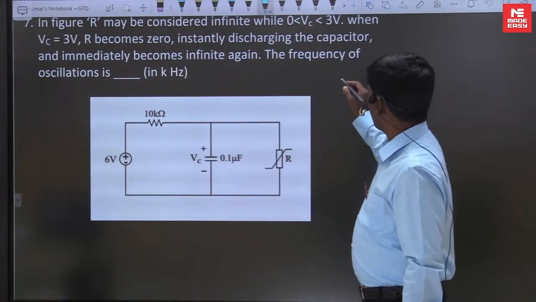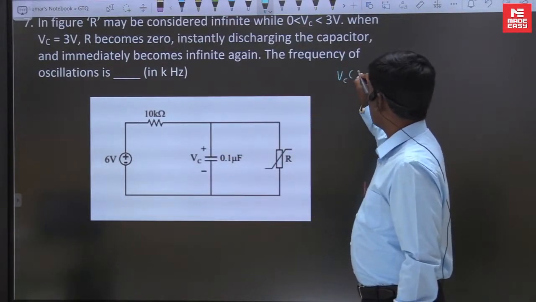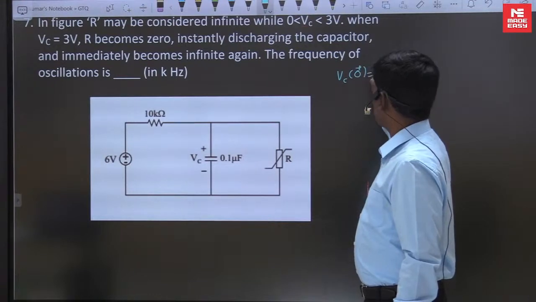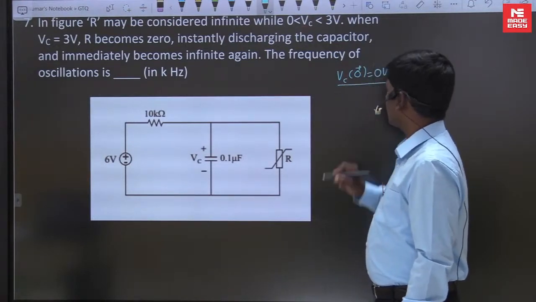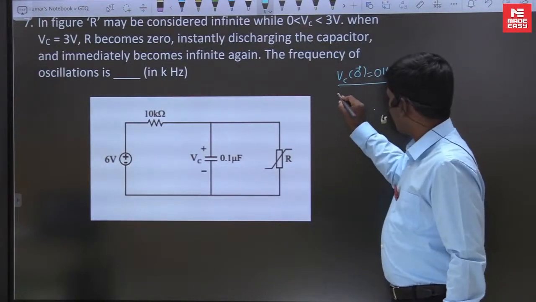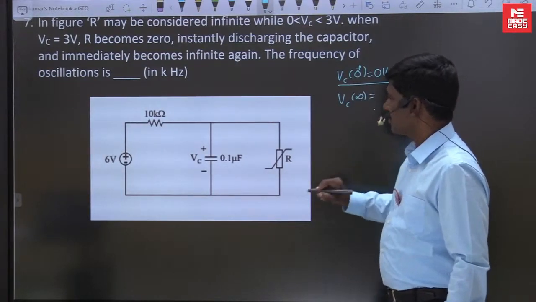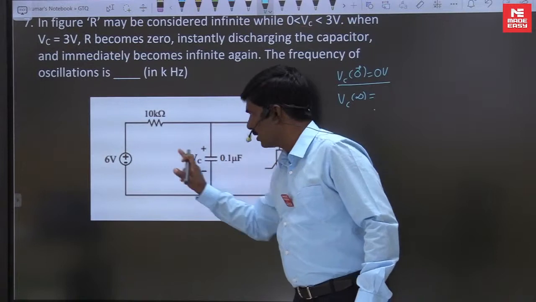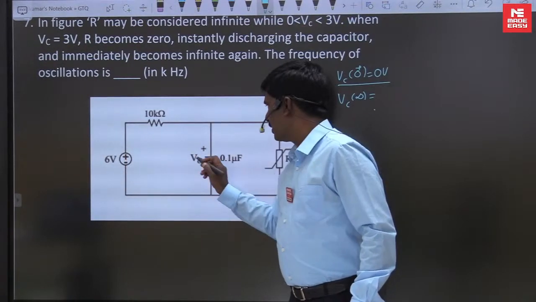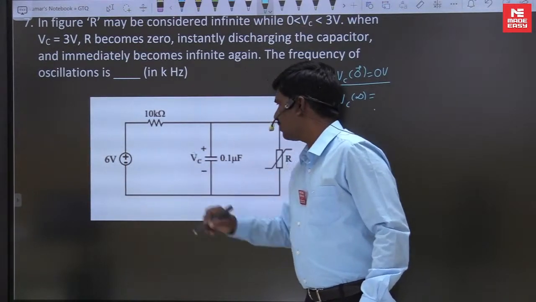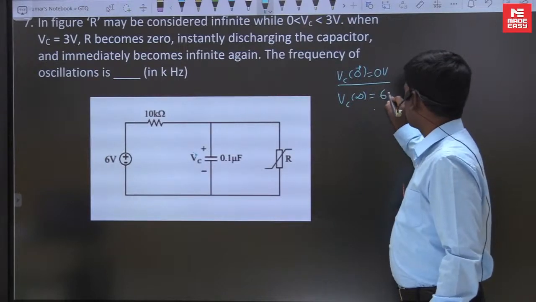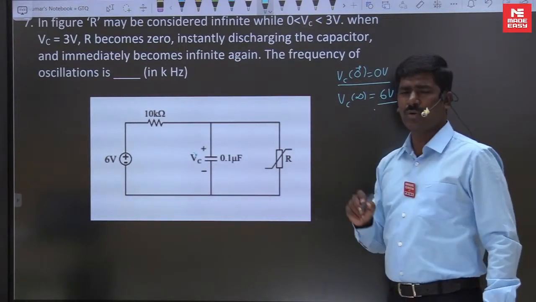VC of infinity is equal to how much? This is open circuited. Open circuit voltage is directly 6 volts.